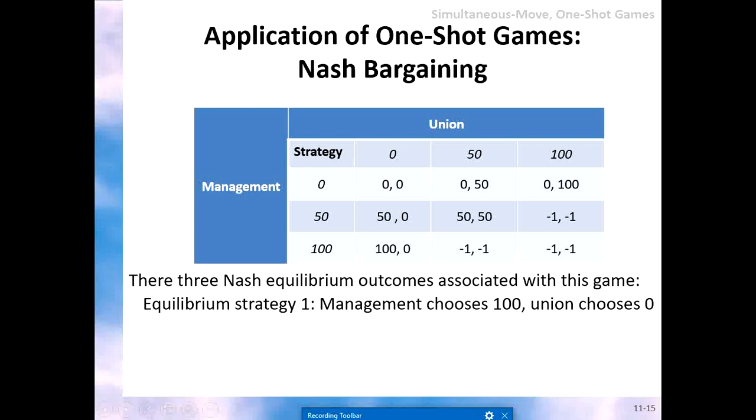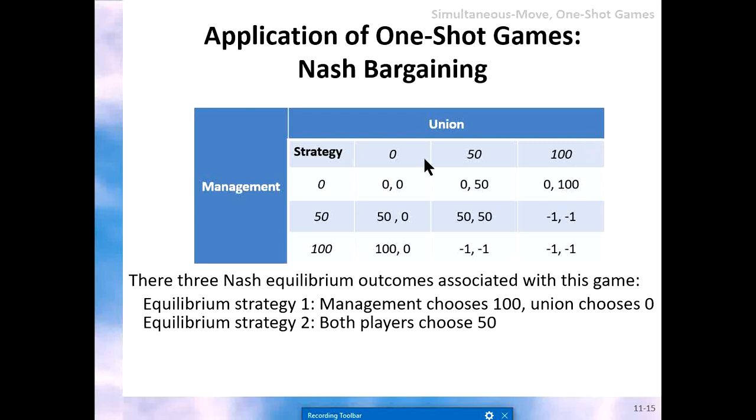But if both of them want to take 50-50, then Nash equilibrium happens. And if management wants to take 50 and union wants to take 100, then the total becomes 150, and here we come to a stalemate and the agreement cannot happen.